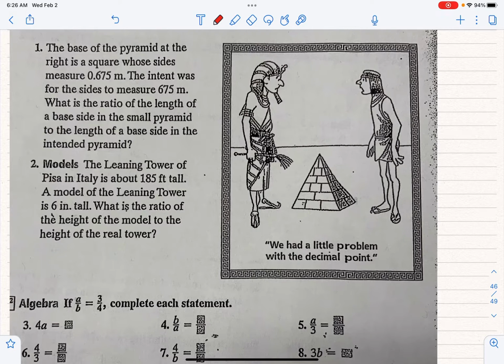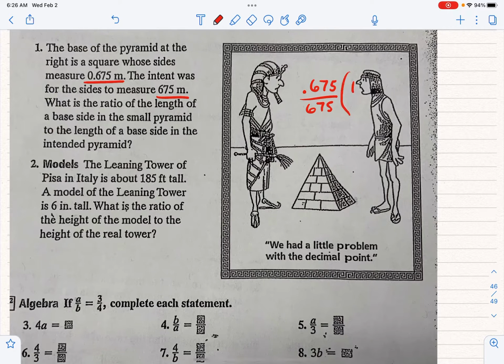Okay, this first one said, hey, in this picture, they made a pyramid whose base is only 0.675 meters when it was actually supposed to be 675 meters. And they say, so what is the ratio of the length of the small one to what it should be? Well, we'd have to say 0.675 over 675. And we typically don't have decimals in fractions.